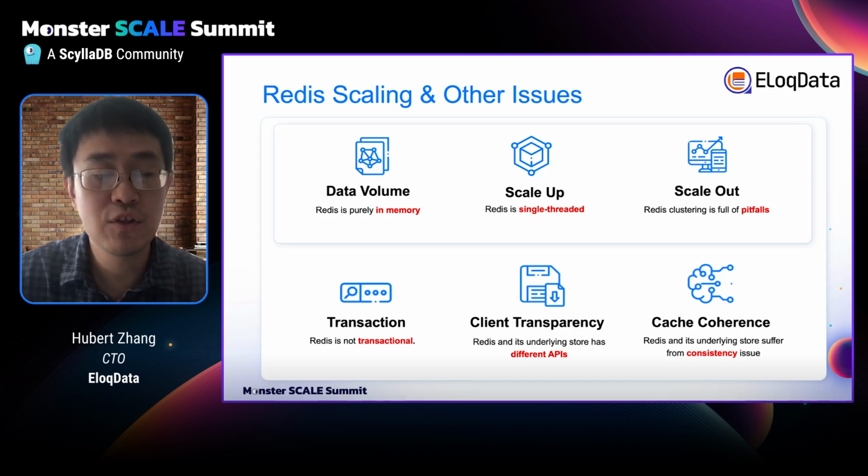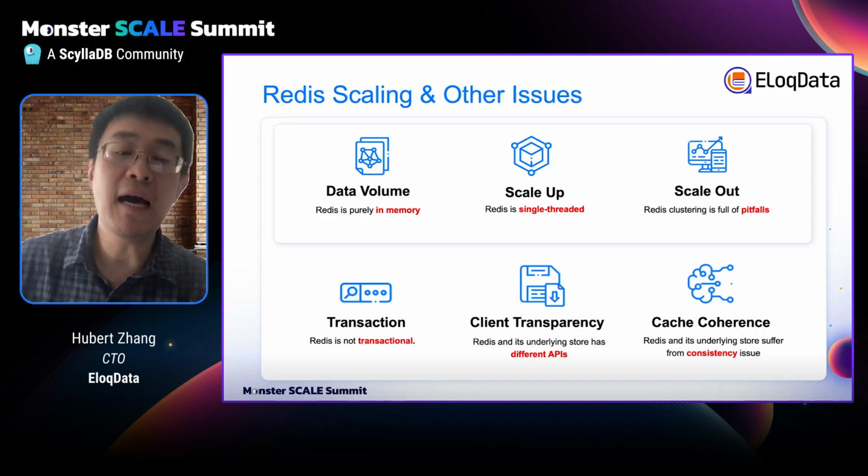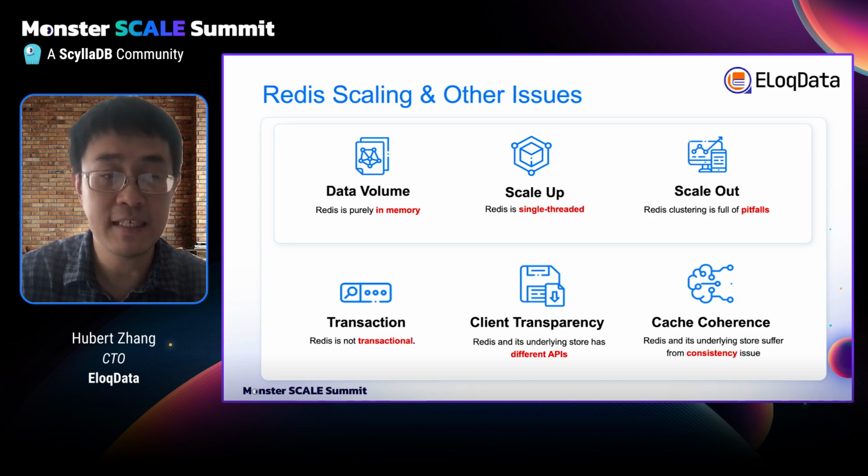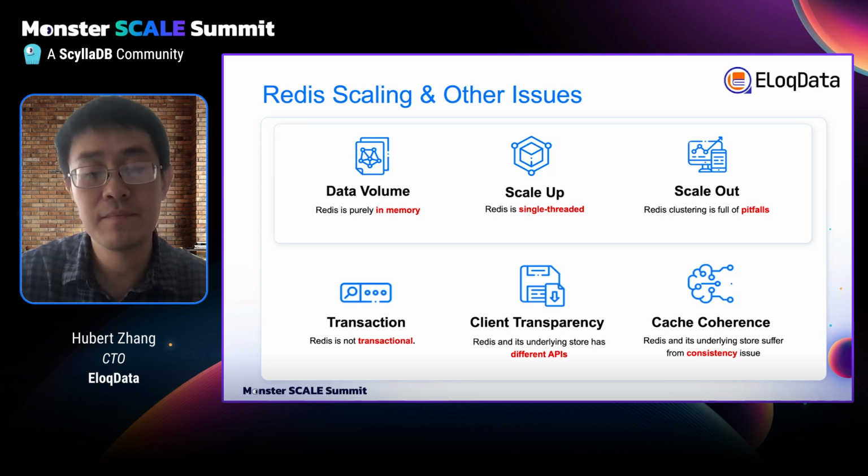Besides all the scaling issues, Redis also has some other issues. For example, Redis has bad transaction support. It doesn't support rollback and cannot make data durable. And Redis Cluster doesn't support cross-node transactions and also Lua scripting. The next issue is client transparency.